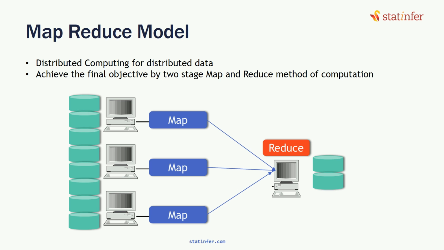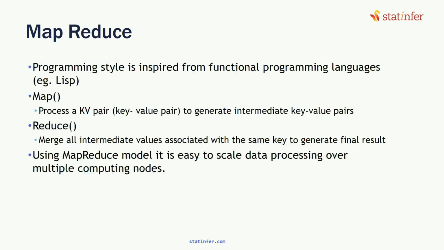On each of these pieces we run the map code, that is, the map function is applied, and then the output of the map is given as input to reduce, and reduce gives us the final output. So to achieve the final objective we do a two-stage, map and reduce, method of computation. Solving the overall objective using the map and reduce method is called the MapReduce programming model.